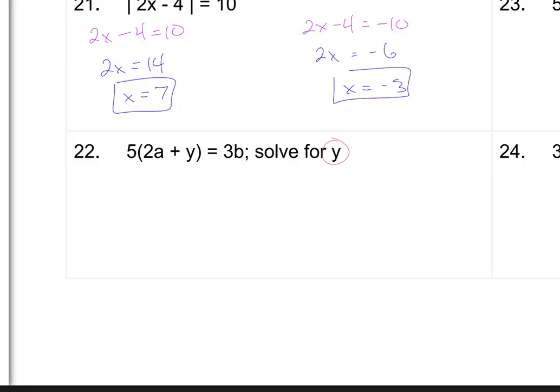Solve for y. Solve for y. So I'm going to distribute the 5 just because it doesn't really benefit me to get rid of the 5 right away. I'm going to subtract 10a. And then I'm going to divide by 5.